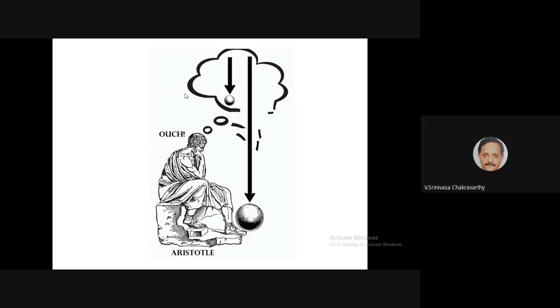I mean, unless you bring in air resistance as a factor. The feather falls more slowly than a stone, which is fine, but that's because of air resistance. But if you remove that, both feather and stone will fall at the same speed. But anyway, his speculation was wrong, and much later Galileo disproved him by a classic experiment that he did from the Tower of Pisa.